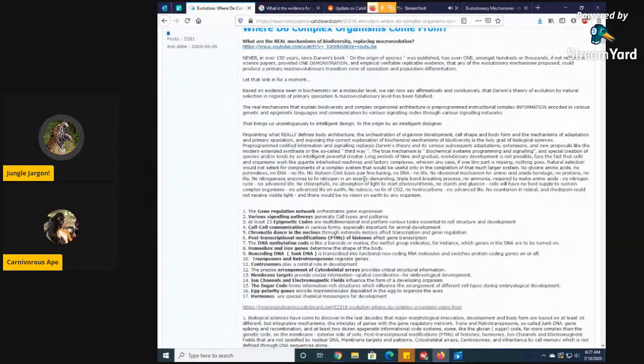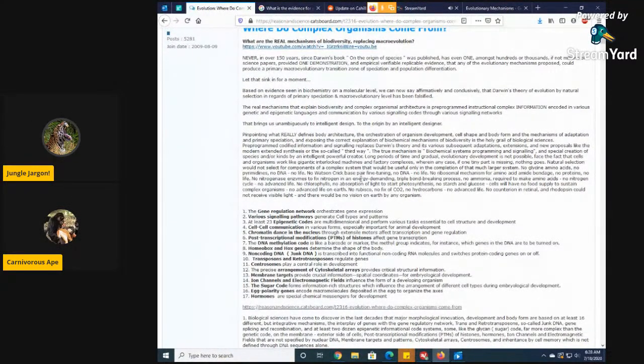Face the fact that cells and organisms work like gigantic interlocked machines and factory complexes where, in any case, if one tiny part is missing, nothing goes. Natural selection would not select for components of a complex system that would be useful only in the completion of that much larger system. No glycine, no amino acids, no pyrimidines, no DNA, no life.